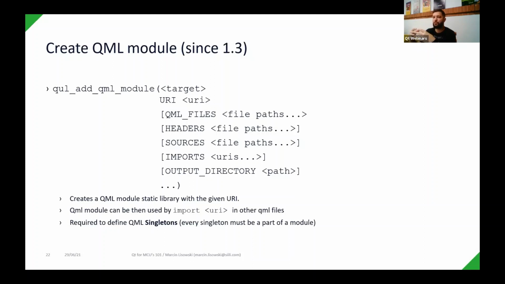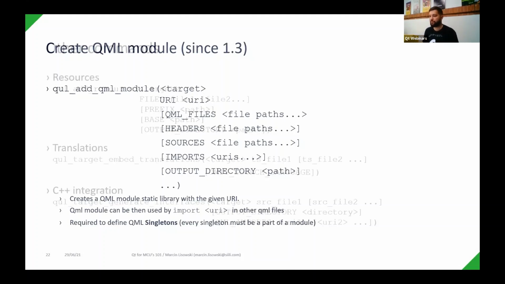So if you are going to create a singleton in the QML that you would like to have in your whole application, then you have to use that macro to define that singleton.